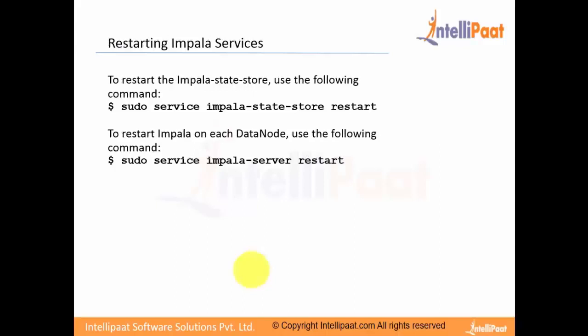Similarly, using restart at the end of these scripts, I can restart the services on my Impala cluster. These things are very important when we are working on an actual cluster, and for one reason or another we may need to stop or restart the Impala processes running on the cluster.